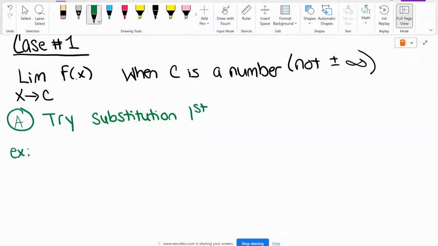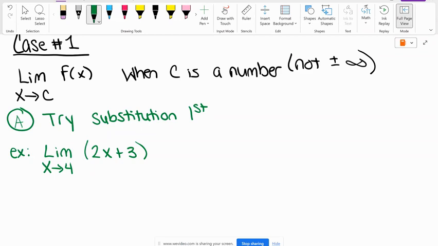So our example would be the limit as x approaches 4 of 2x plus 3. All right, so what I want you to do now is take this expression and substitute whatever they're telling us we're approaching.